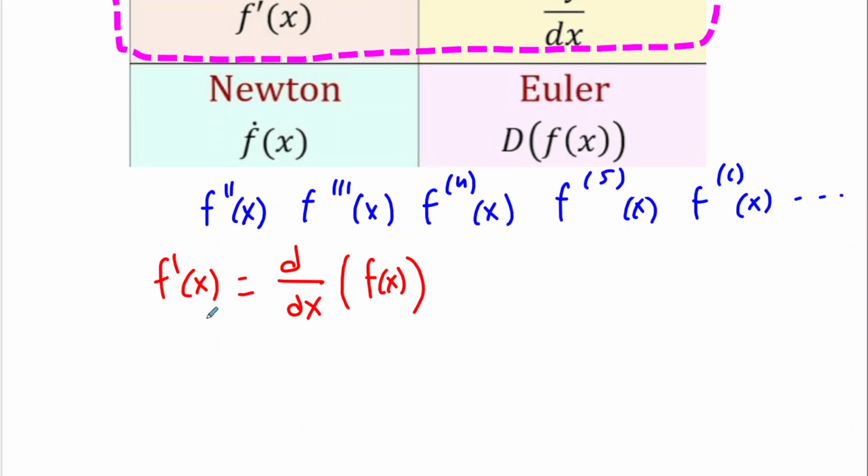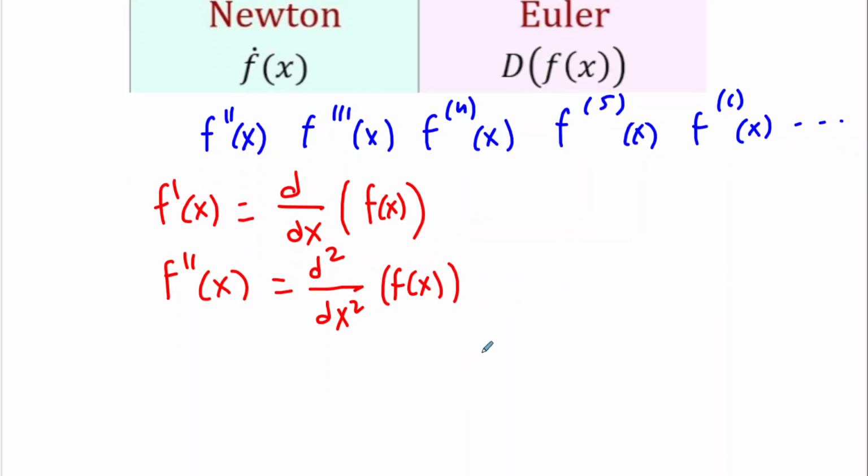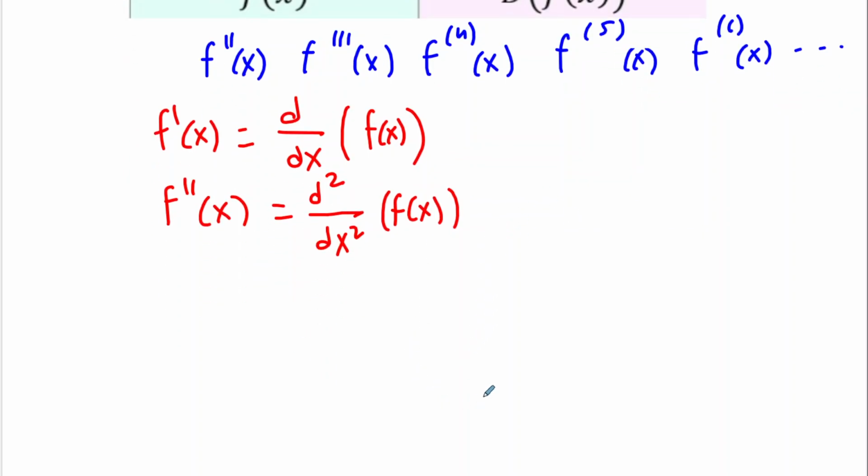Then we do the derivative twice. F double prime of x, this one is kind of weird. It's d squared over dx squared of f of x. Really weird, but there is reasoning to this, which I'm not going to get into in this video.